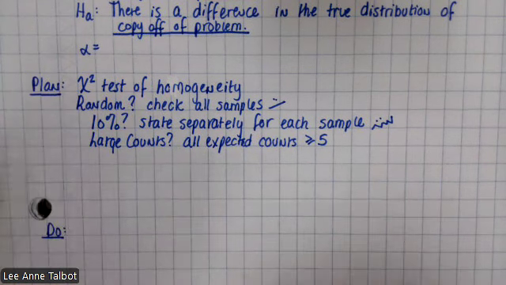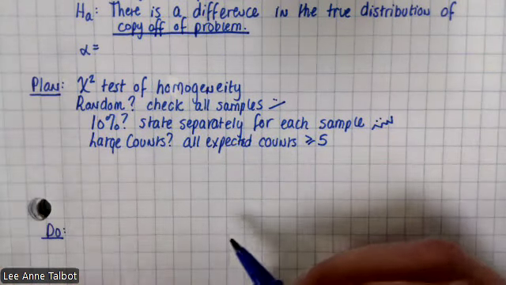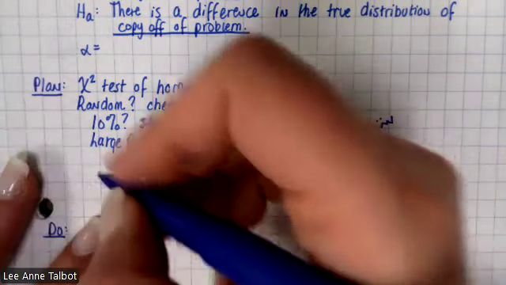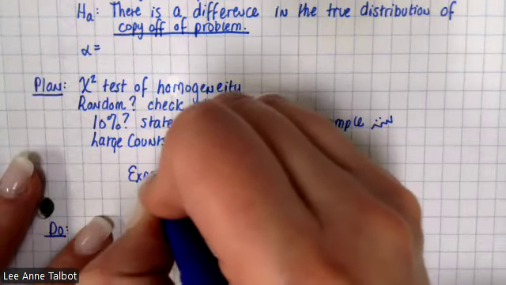Okay, now we don't do expected counts the same way. It's very specific for a two-way table. There's a formula.